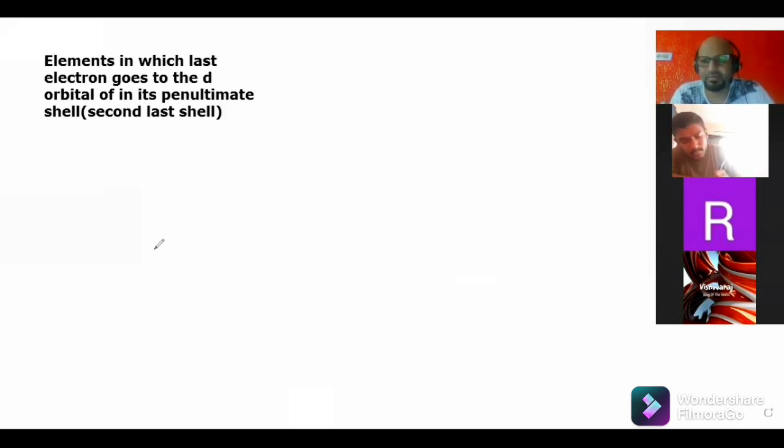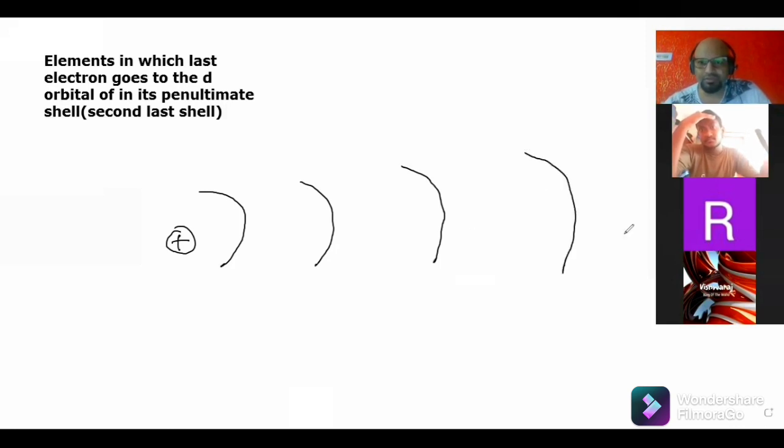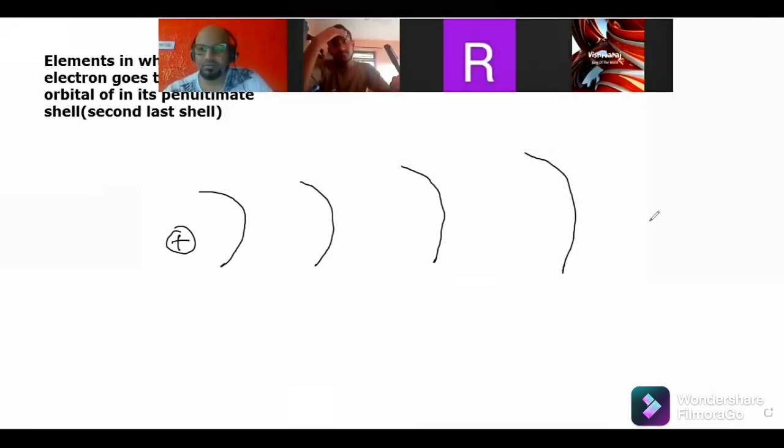Okay, now let me show you how the penultimate shell is working here. So if this is the nucleus of the atom, this is shell number 1, shell 2, shell 3, shell 4, 5.